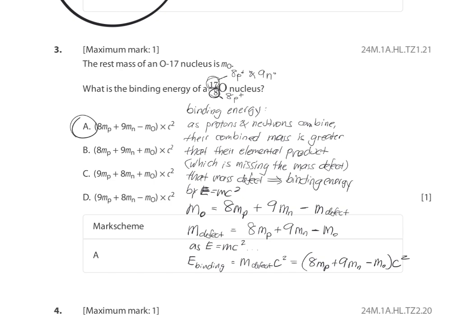And so the mass of the oxygen is 8 proton masses and 9 neutron masses minus the mass defect. So if we solve for the mass defect to get the binding energy, that's 8 proton masses plus 9 neutron masses minus the mass of the oxygen itself. And since E equals mc squared, we just multiply that mass defect times c squared, and we get choice A.